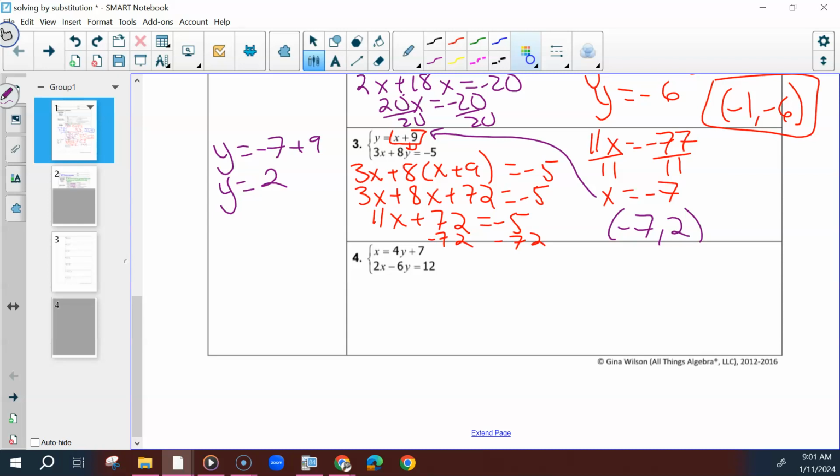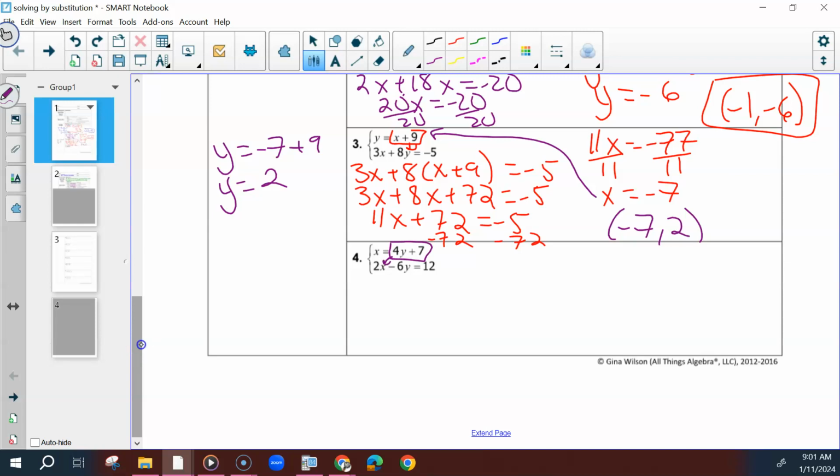What's different about number 4? Solve for x and y. That doesn't matter. You don't need to make it solve for y. It can be solved for x. But because it's now solved for x, when we take it and substitute it, we're going to put it in for x instead of y.